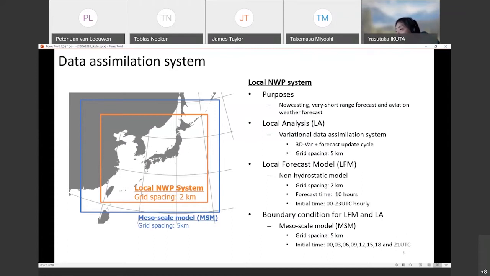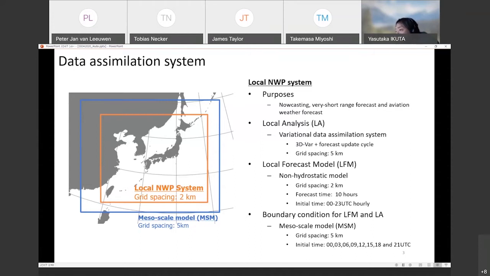The horizontal resolution of the analysis system is 5 km. The forecast model is a non-hydrostatic model. The horizontal resolution is 2 km and the forecast length is 10 hours. The forecast is run 24 times a day.